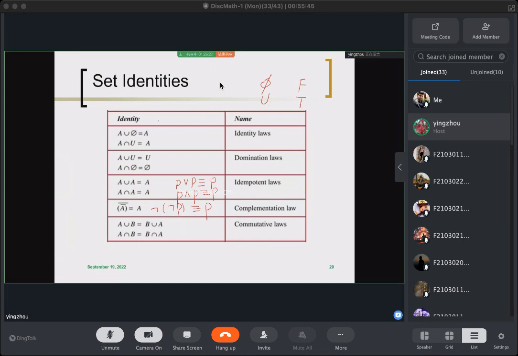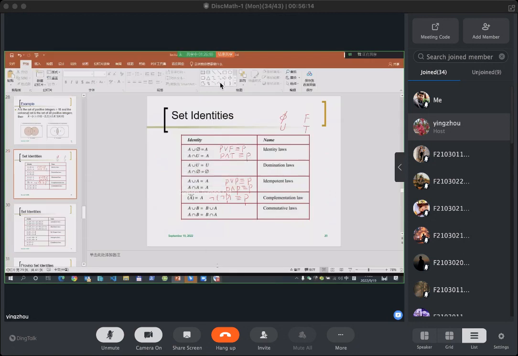So P or F, where F just means false, is logically equivalent to P, and P and true is logically equivalent to P. It's a similar mechanism: set identities and the logical equivalence rules are the same.